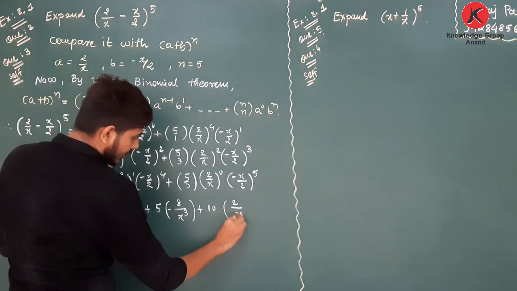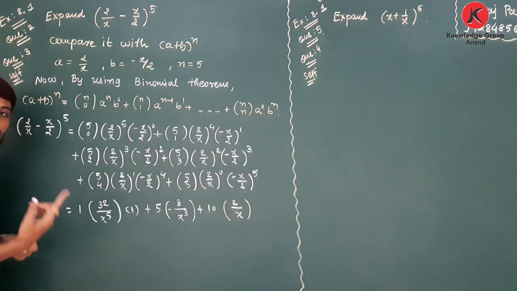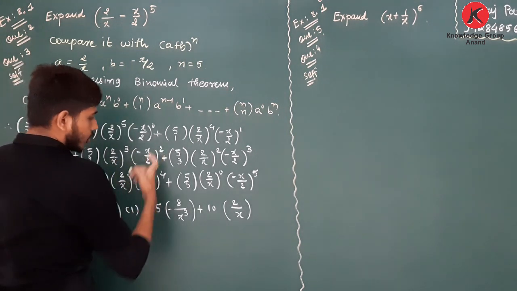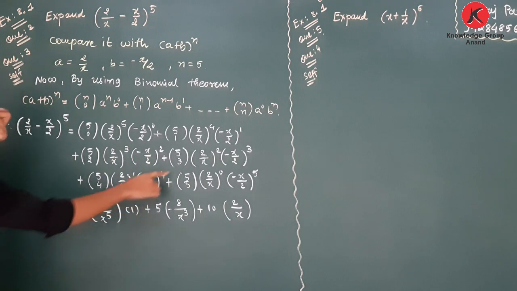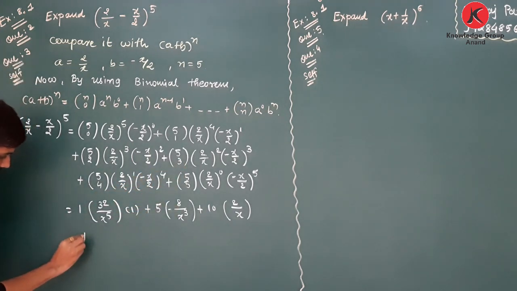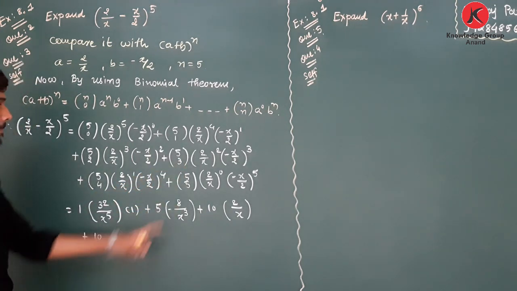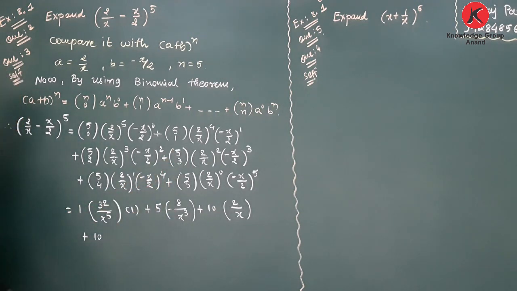Therefore we are getting x in the denominator, x raised to 1. Okay, and minus square is equal to plus here. Next, 5C3, which is also equal to 10.